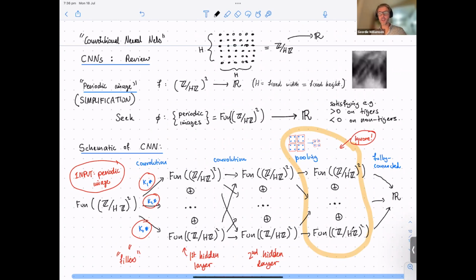This assumption allows one to see clearly what is going on, and then once you've seen clearly what's going on, it can be dropped. In normal neural net architectures recognizing images, you don't assume that the image is periodic, but it really simplifies things to do so.